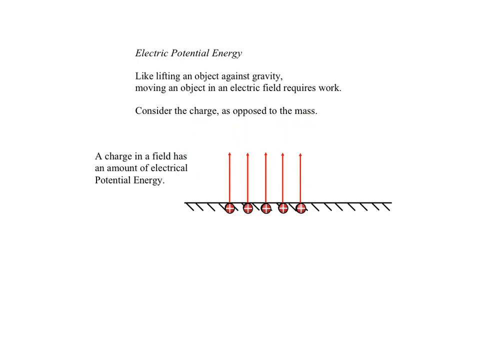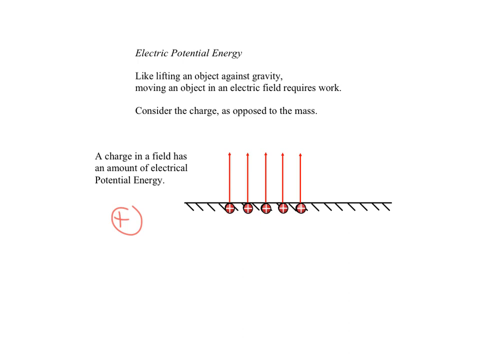If I put in my little positive charge here, then we'd say that it would have more electrical potential energy here than it would here. The analogy would be like lifting it against gravity. Of course, I'm taking a little positive charge and moving it downwards in this particular case.